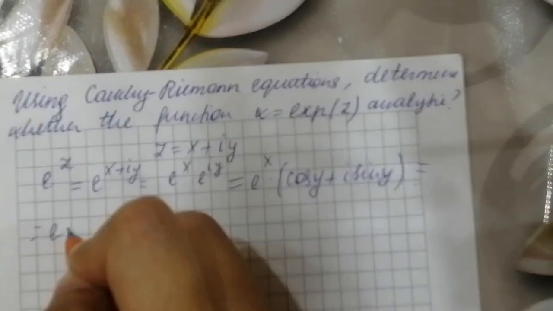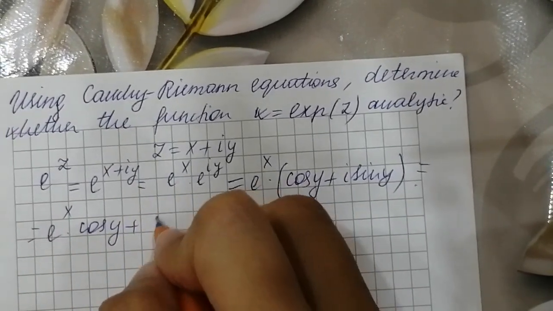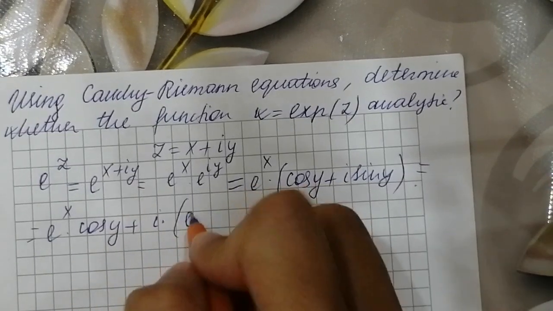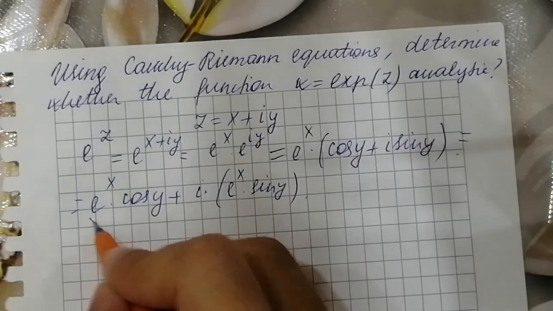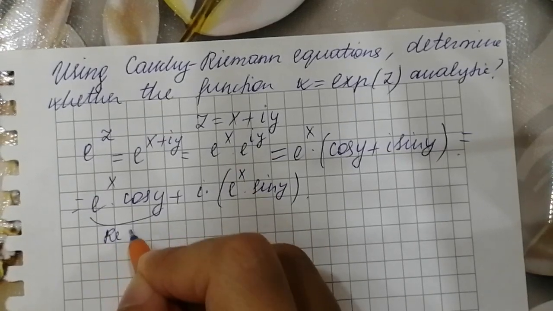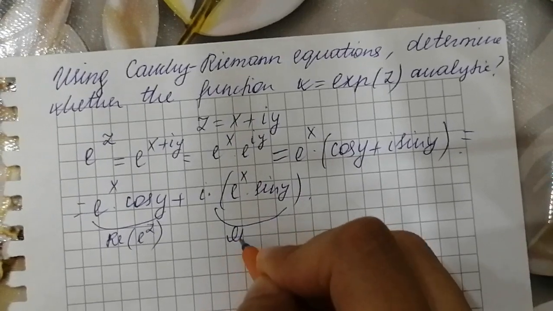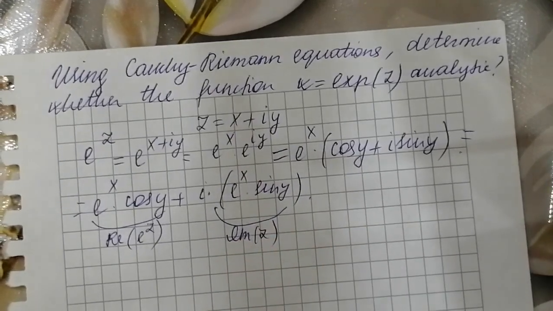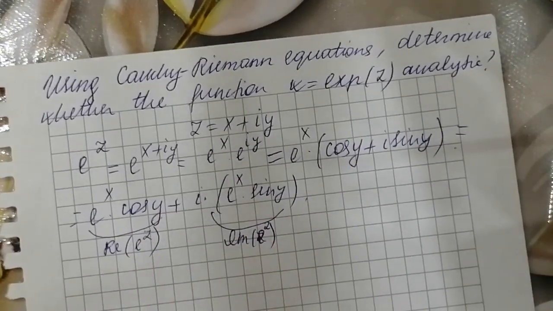That's also equal to e to the power of x times cosine y plus i times e to the power of x times sine y. In this case, this is the real part of the exponential function, and this part is the imaginary part of the exponential function e to the power of z.